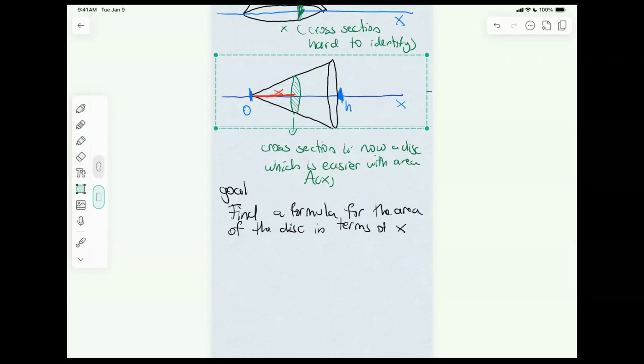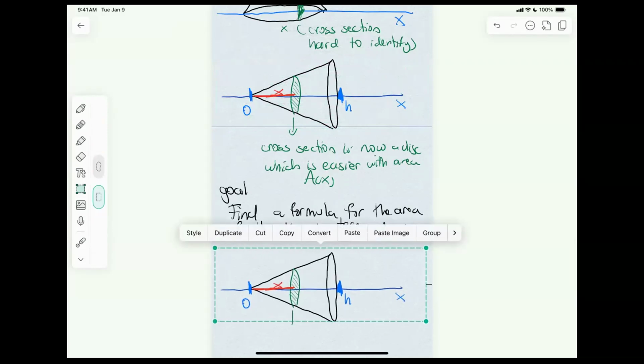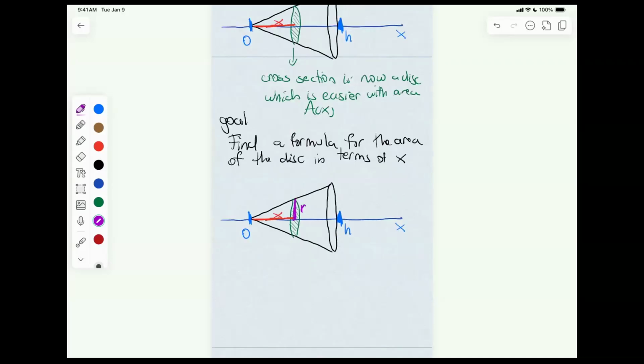So let me copy paste a picture. What I'm trying to say is that if this disk has radius r, then we do know that the area of that disk is pi r squared, right?